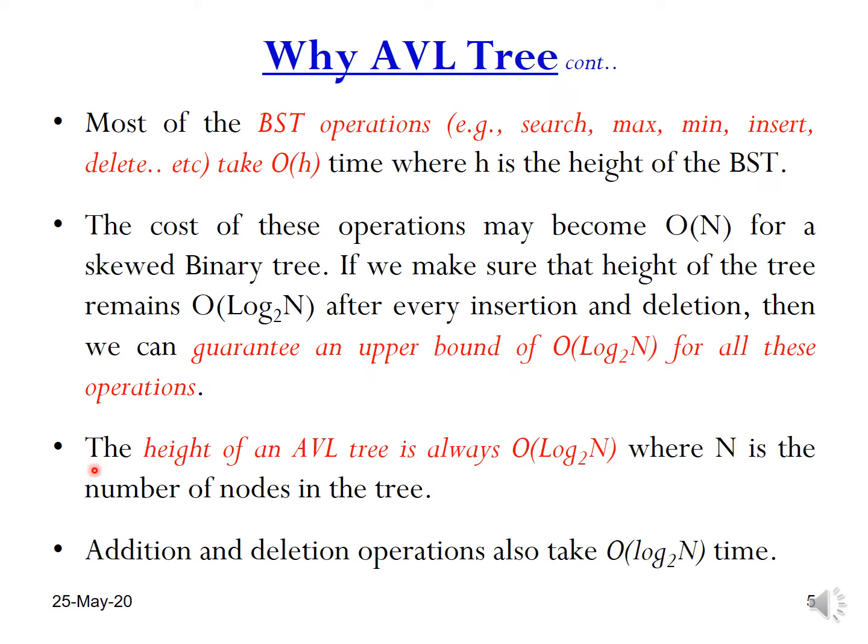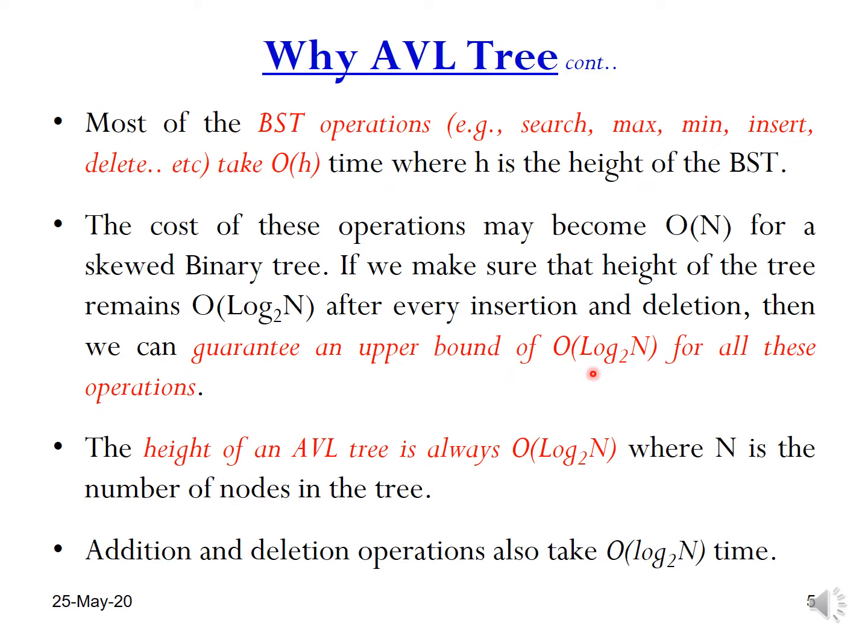Most of the BST operations, for example search, max, min, insert, delete, etc., take order of h time, where h is the height of the binary search tree. And the cost of these operations may become order of n for a skewed binary tree. If we make sure that the height of the tree remains order of log n after every insertion and deletion, then we can guarantee an upper bound of order of log n.